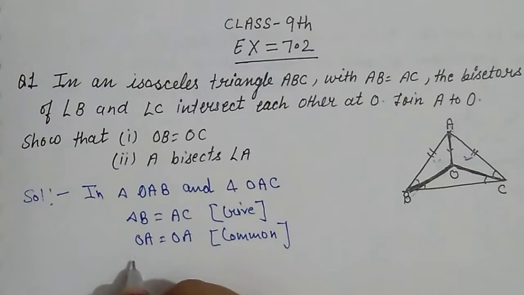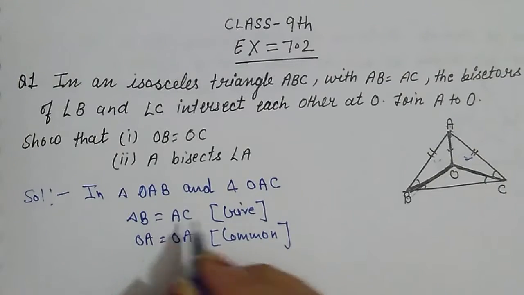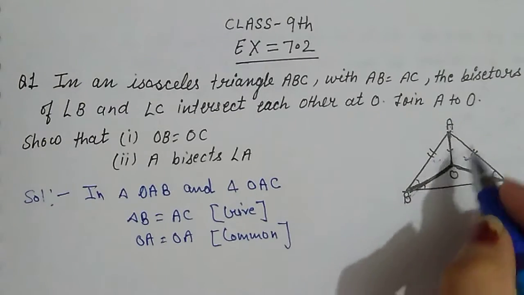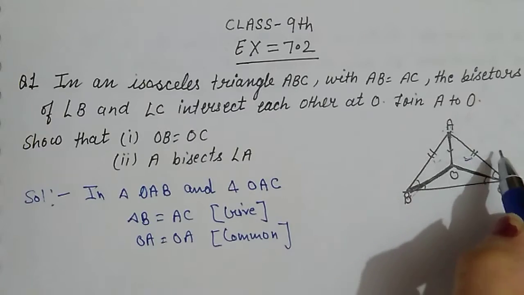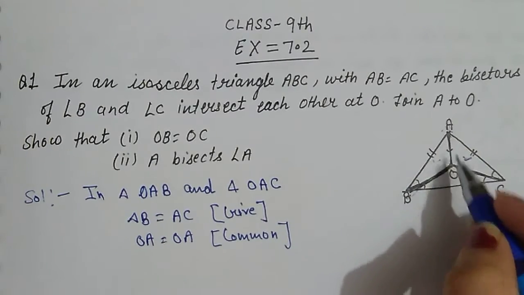The next one is AB is equal to AC, which is given. OA is equal to OA, the common side.